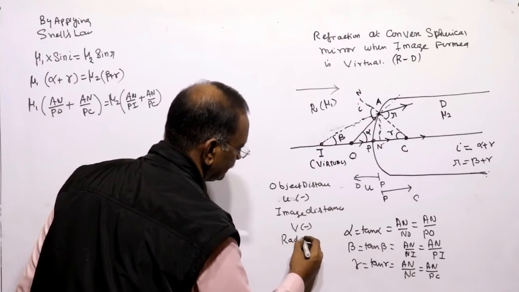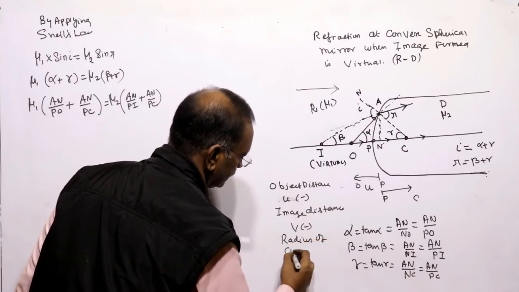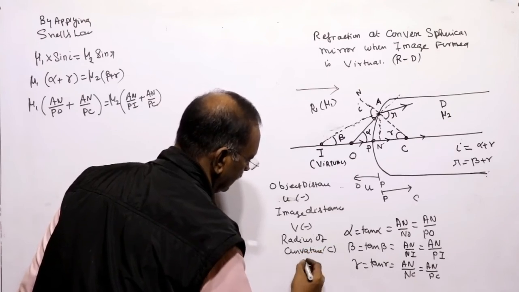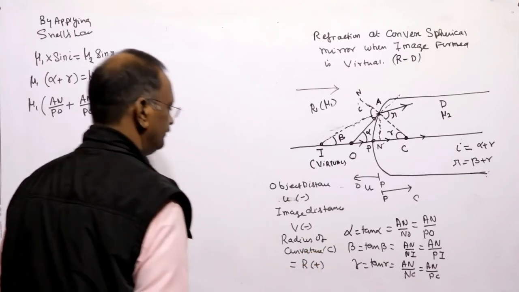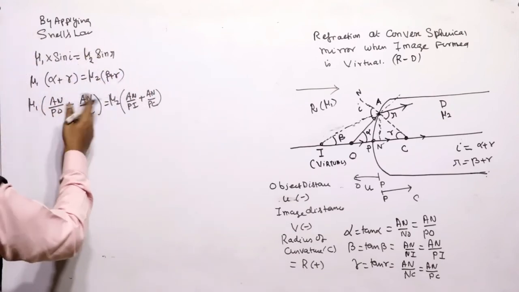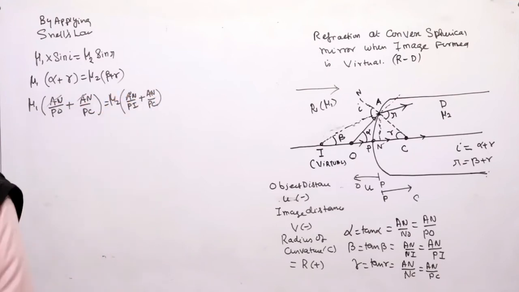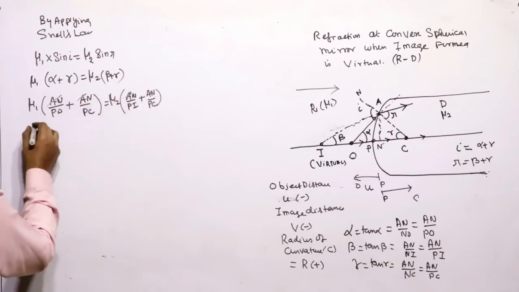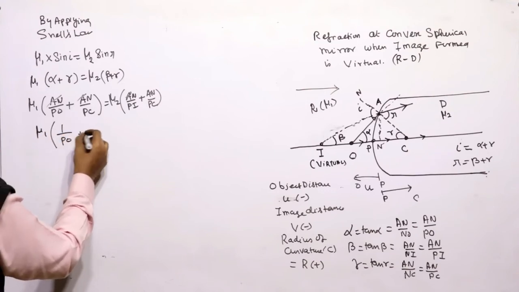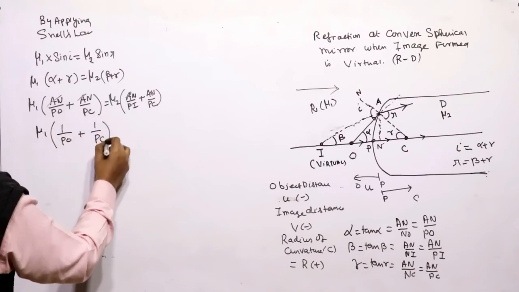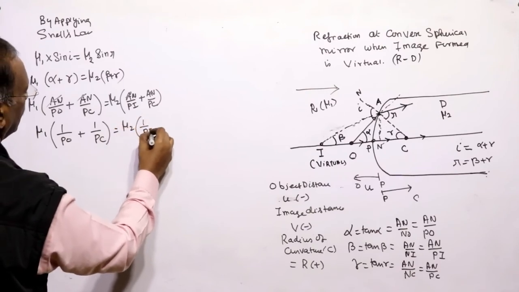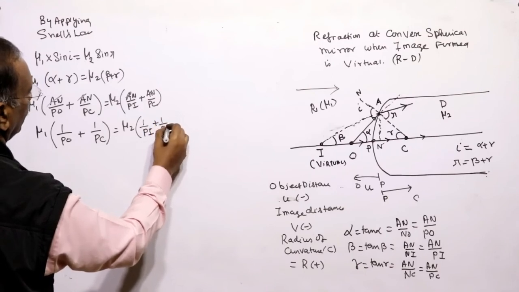Radius of curvature is PC, which is equal to plus R. So we will put it in this equation. Here we can remove the AN. Then it becomes mu1 by (1 by PO plus 1 by PC) equal to mu2 by (1 by PI plus 1 by PC).